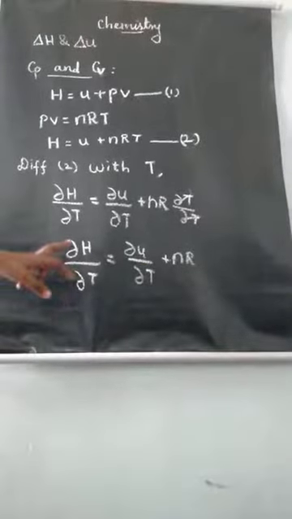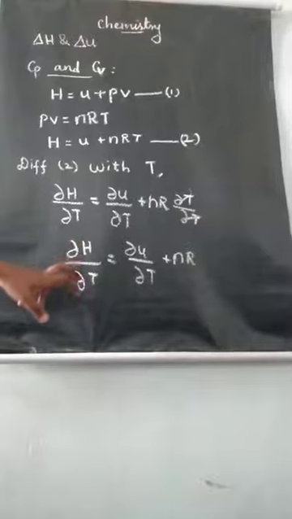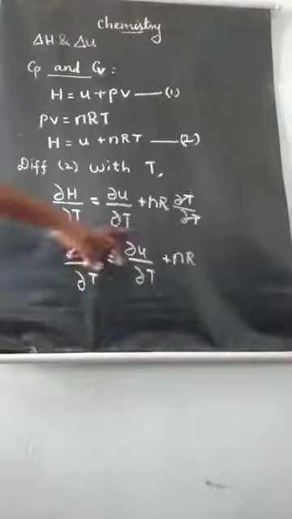Now listen. Already you know this formula, dou H by dou T and dou U by dou T. The two values already you know. You already learned this topic. Dou H by dou T is CP, heat capacity at constant pressure.